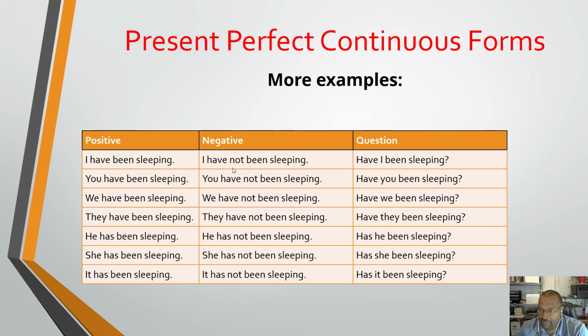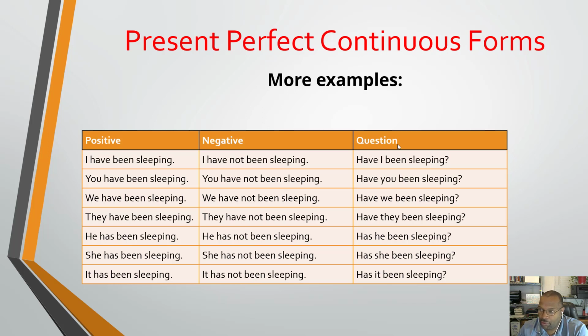In our negative statements, notice the not. I have not been. You have not been. We have not been. They have not been. Notice the change. He has not been. She has not been. It has not been. Okay?